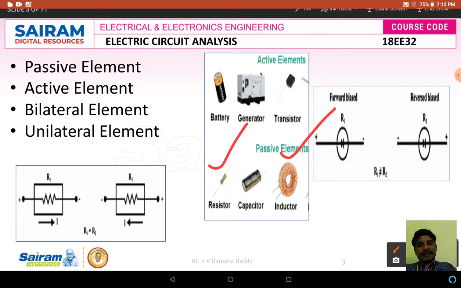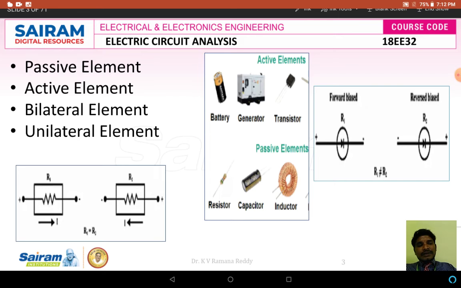Capacitance exists when two conducting plates are separated by a dielectric medium; it is denoted with capital C, its unit is farads, and a capacitor does not allow sudden changes of voltage, storing energy in the form of an electrostatic field. So these are the three passive elements and how they behave when current flows through them.